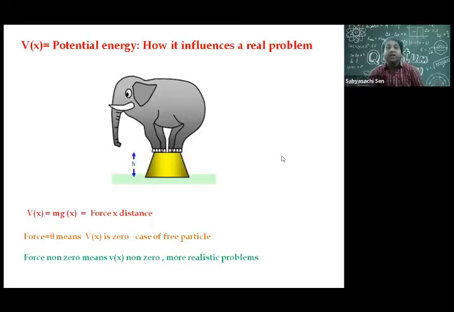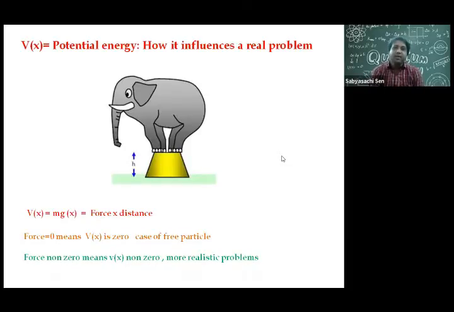Your solution of the Schrodinger equation will be very easy, but realistic problems are not like that. Just like this elephant is under gravitational force. If the elephant was a quantum mechanical object, then I would have to use that expression of V in the Schrodinger equation.